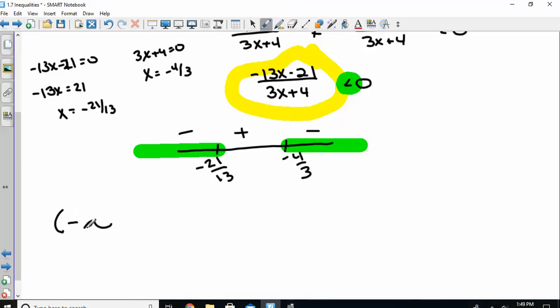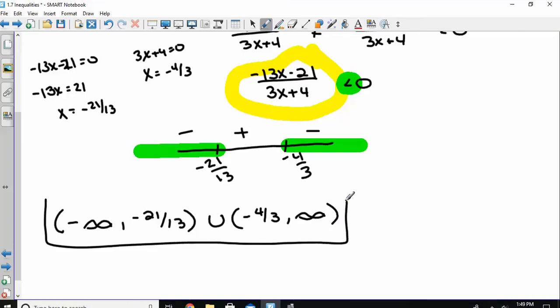So it's coming from negative infinity, comma, negative 21/13. Put your u in the middle, negative 4/3, comma, infinity. Are there any questions on that?